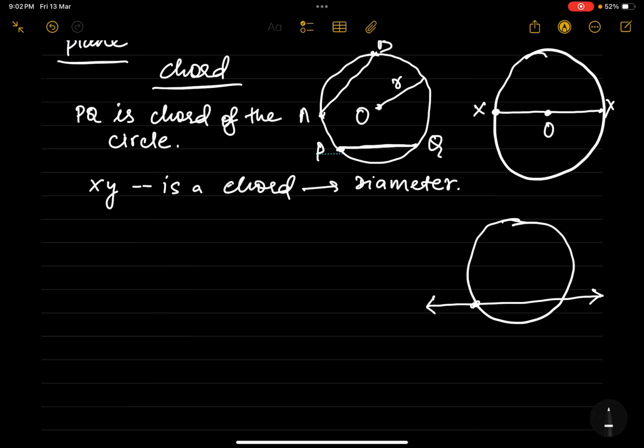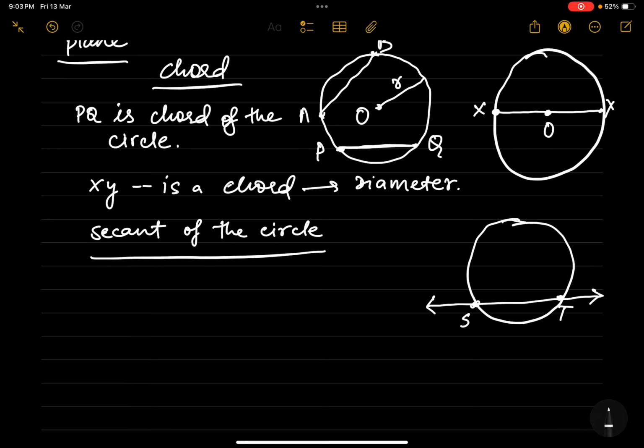Suppose this is S and this is point T. So ST is a line which passes through 2 points of the circle, and this ST is known as a secant of the circle. So a secant is defined as a line that passes through any 2 points of a circle. So far we have defined chord, diameter, radius, and center.